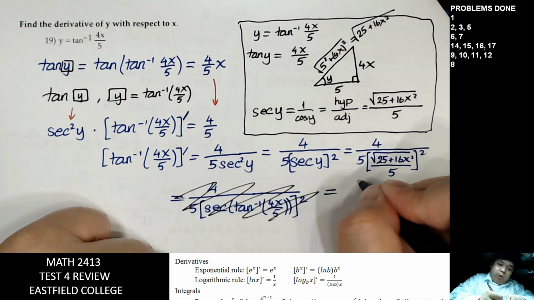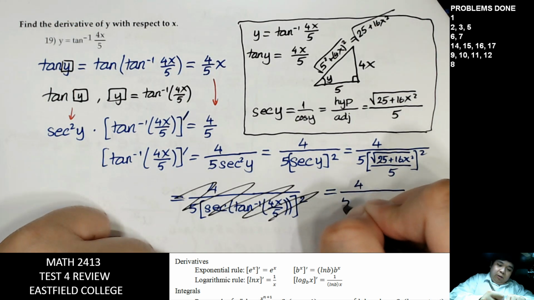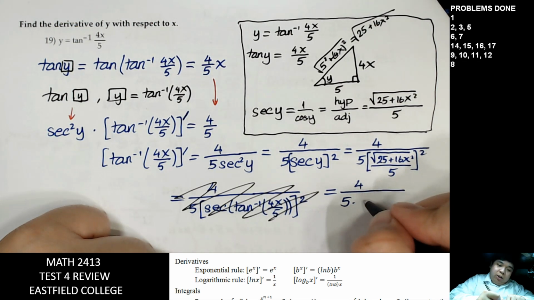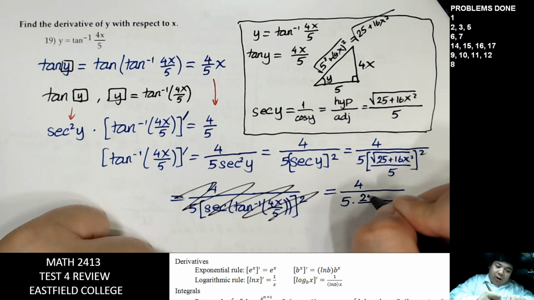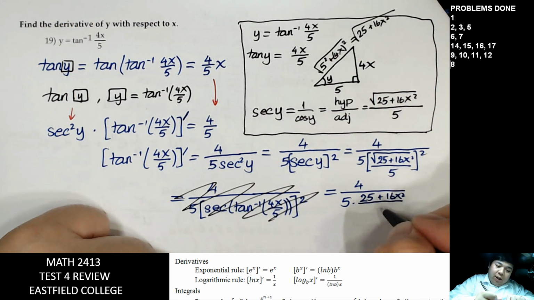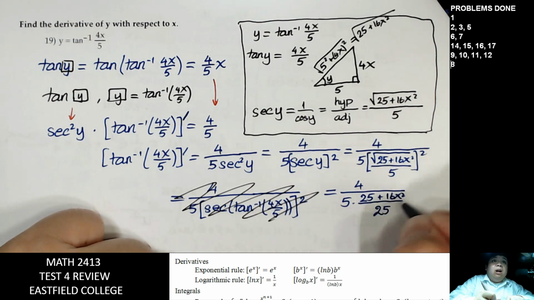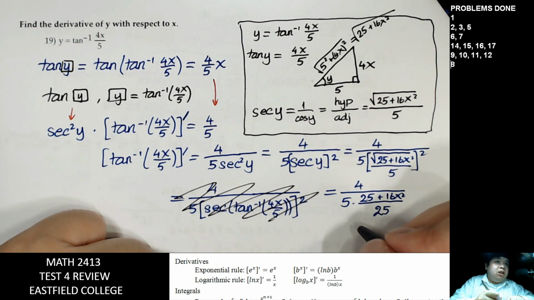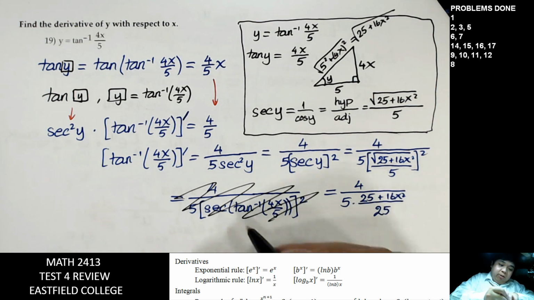So that will be 4, 5 squared, and the square root of 25 plus 16x squared, and then 5 squared is 25. 5 and 25 cancel, so that is just divided by 5.